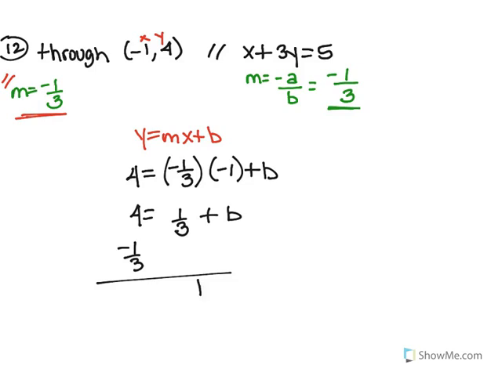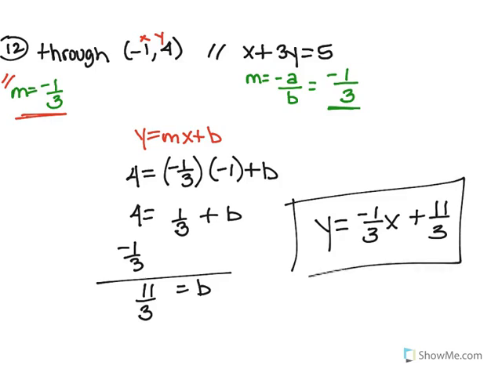Subtract 1/3. b is 11 over 3. Very good. Y'all see that? So our parallel equation would be y equals -1/3 x plus 11/3. Do y'all see that? Questions?